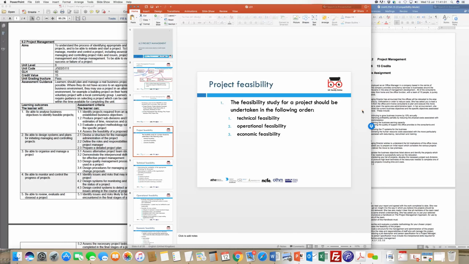Now imagine you're a builder and you're looking at embarking on building something, say houses on a construction site. Project feasibility becomes very important because if you're going to be building, say, 20 houses as a developer, you need to clearly know whether the project is viable.